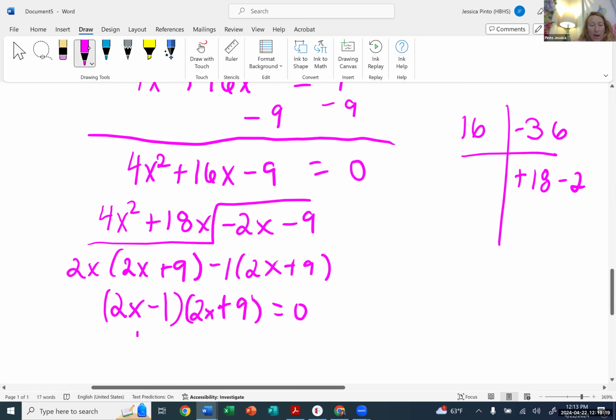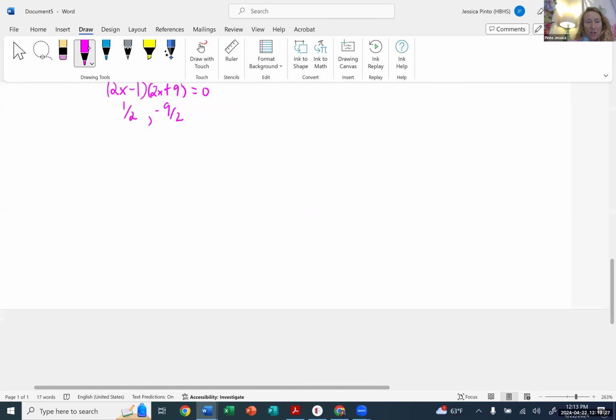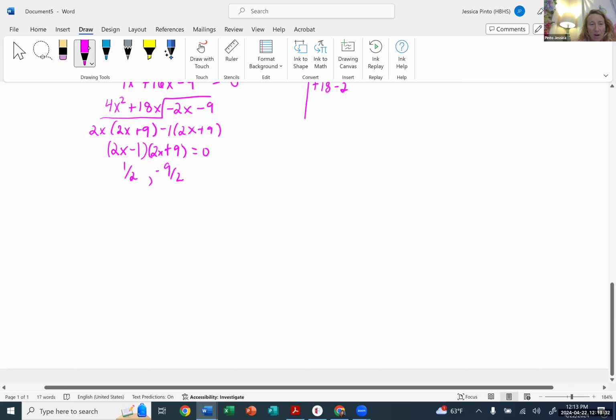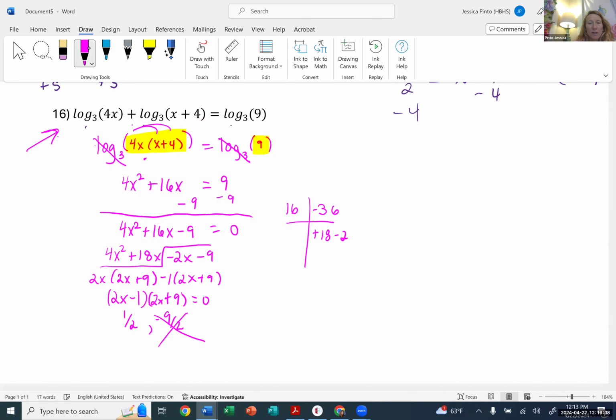Now we have 1/2. We have negative 9/2. I don't think that negative 9/2 is going to work. Let's check. We can never have a negative in the log. This had logs in it. So coming back to the original, yeah, the negative 9/2 is not going to work. And so let's try it with the 1/2.